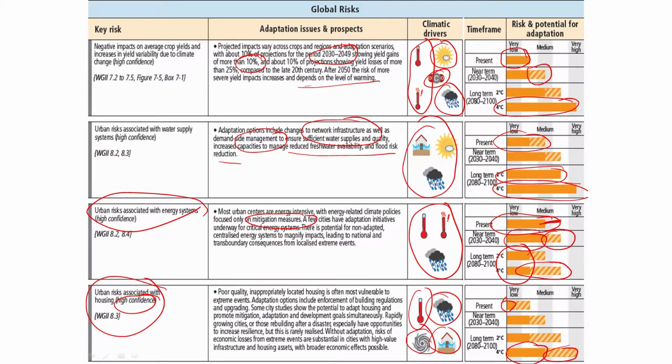You can find many examples where this is the case. So the potential to adapt housing and promote mitigation, adaptation and development goals simultaneously remains. So the adaptation options are available. High value infrastructure, housing assets and broad economic effects are possible from extreme events into the future.